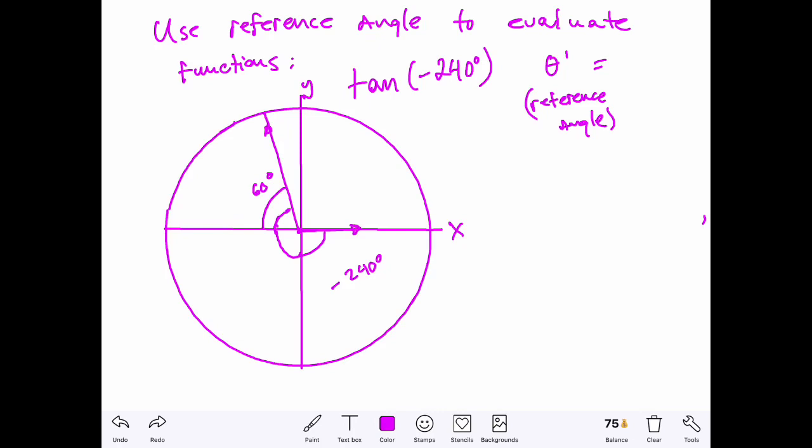Okay. From there, I want to go ahead and draw the sides of my right triangle. Okay, so for a negative 240, I'm really looking at a 60-degree angle. My reference angle.